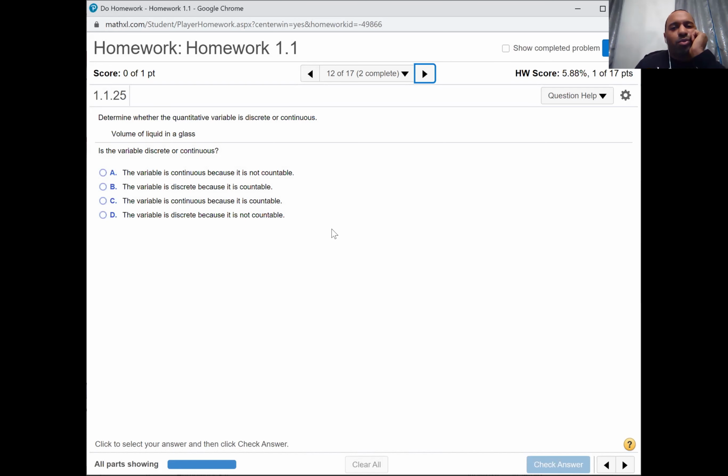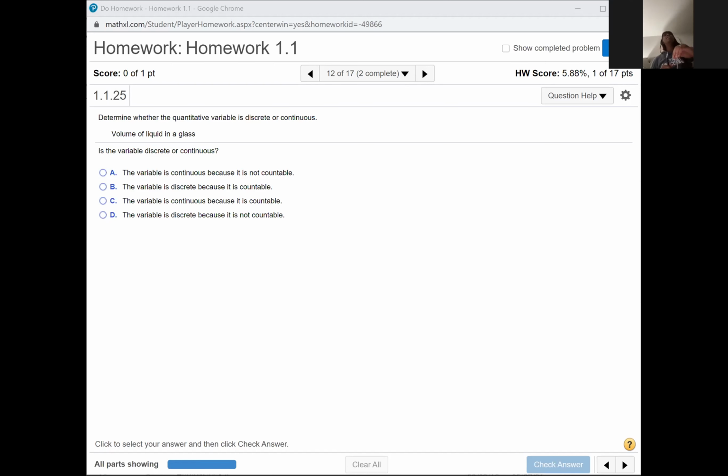All right, so that's 12. Determine whether it's a quantitative variable, discrete, or continuous. If I remember correctly, I think discrete was countable and continuous was not. Right. Mm-hmm. So I think that's what it was.